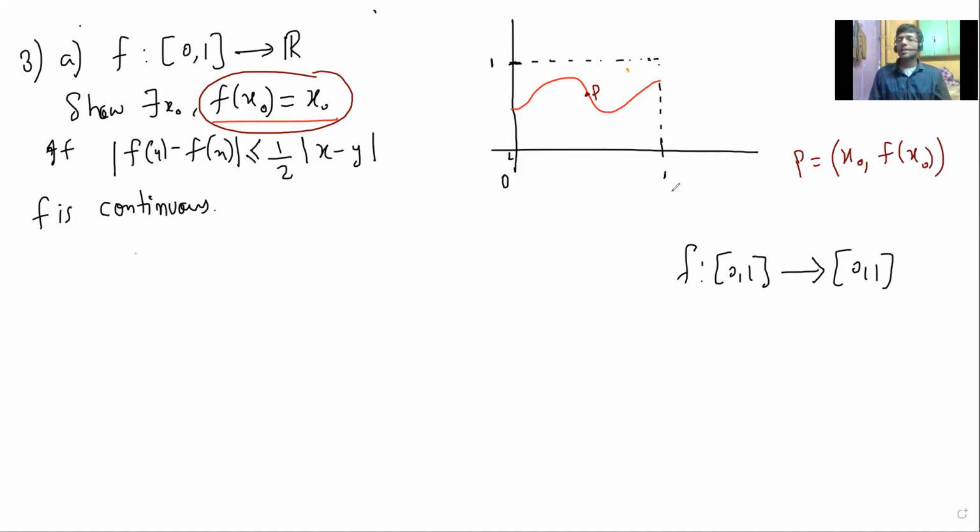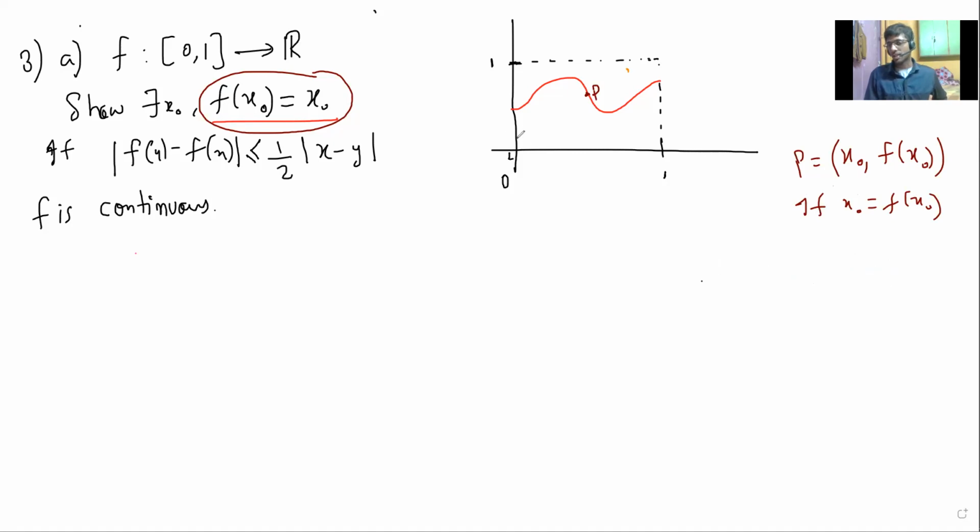Now, if x naught is equal to f of x naught, what does that mean pictorially? Well, it just means that this point P is on the line y equal to x, because both the coordinates are equal.